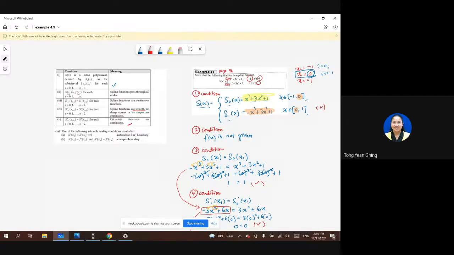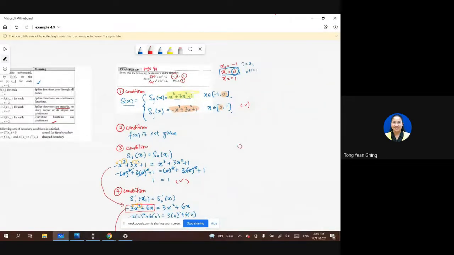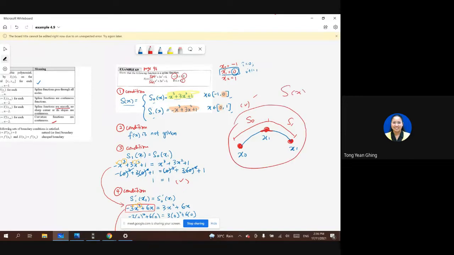So maksudnya sambung lah. Contoh when we draw we have point like this. Let's say this is x0, this is x1, this is x2, and we have a graph like this. So maksudnya ini x0, x1. Lepas tu here, this is S0, this is S1. So that means it's continue, it's mula-mula, these functions, yang ni adalah the whole, this one is f(x) lah.